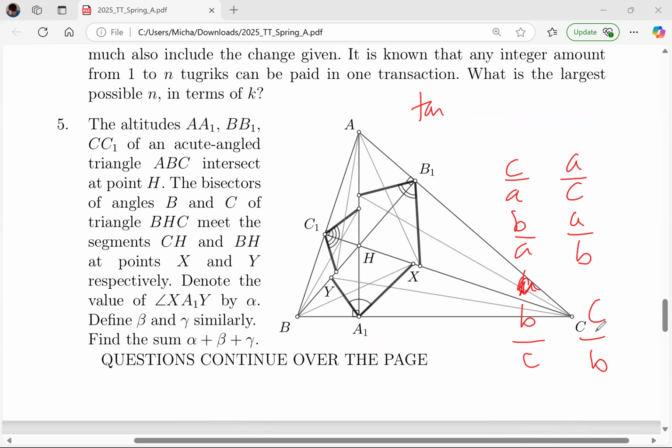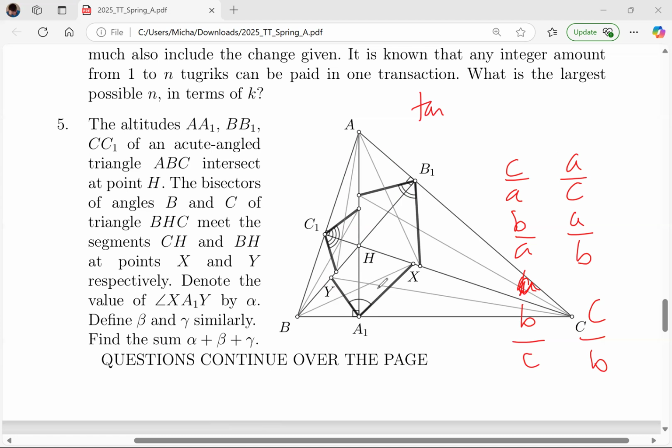And so we want to know the sum of the angles. Okay, so here we have the sum. So if the tans of the angles are reciprocal to each other, then the sum of the angles is either 90 or 270, right? But it has to be 90 because both angles are acute.